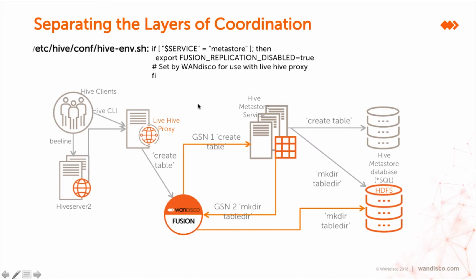That does so simply the global sequence number 1 to create the table. The Hive metastore service creates the table in the database, and then the corresponding directory is created with the global sequence number 2. That's the idea of separating the layers of coordination.